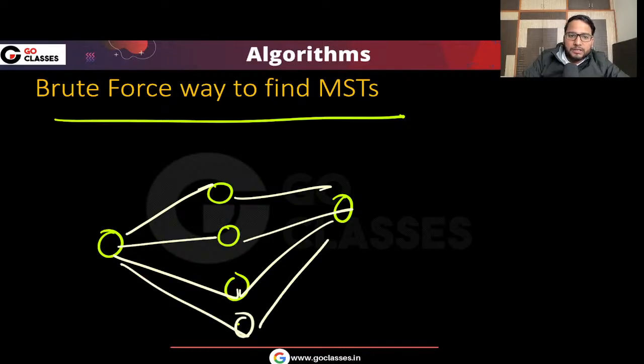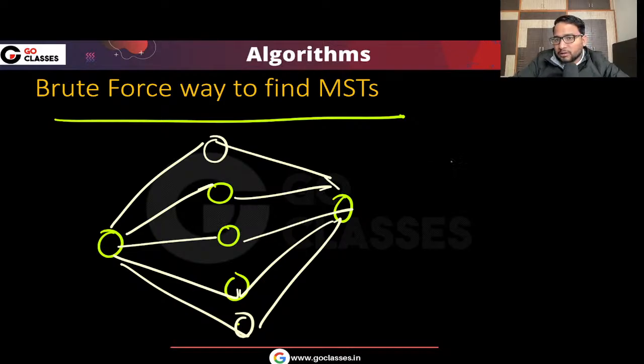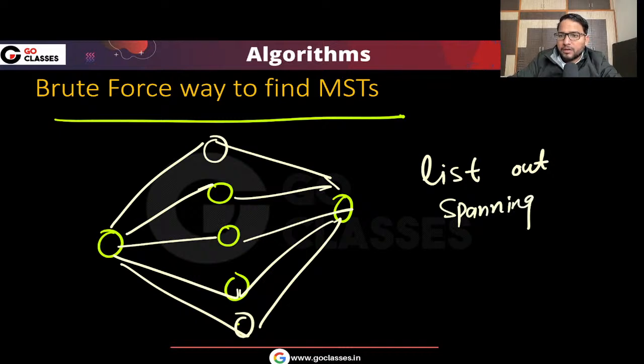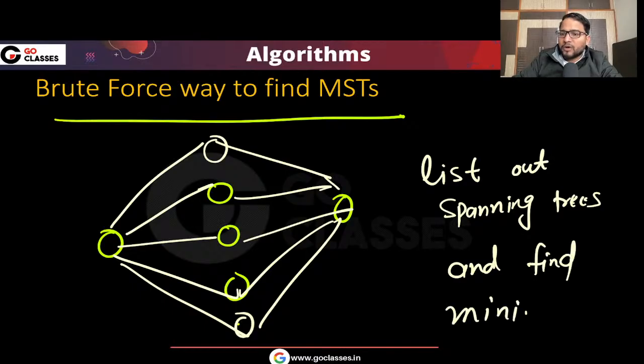Then what you can do is list out all the spanning trees and find the minimum. But this is not a feasible way, this is not a good way.